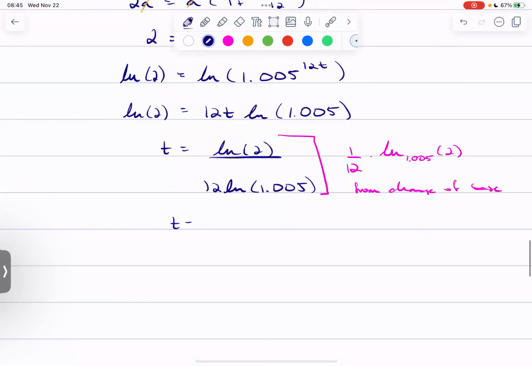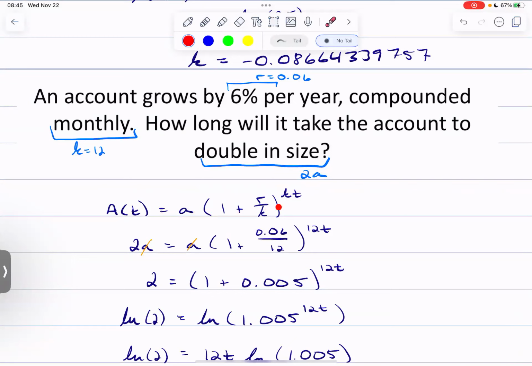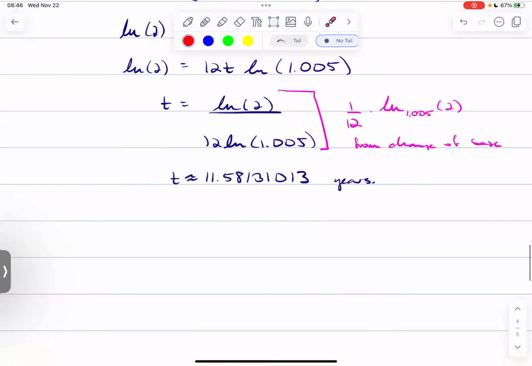I get a t of roughly 11.58131013 years, because in this formula, t is always in years. So roughly 11.6 years.